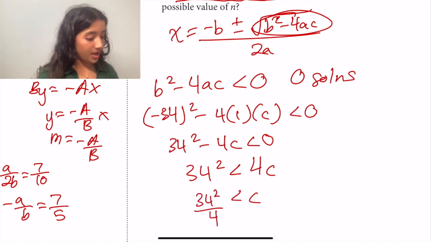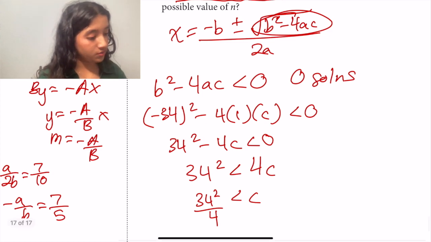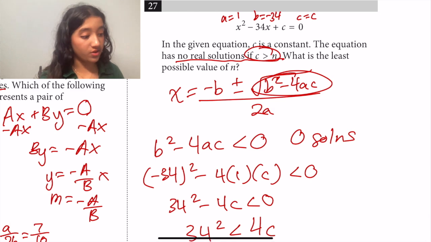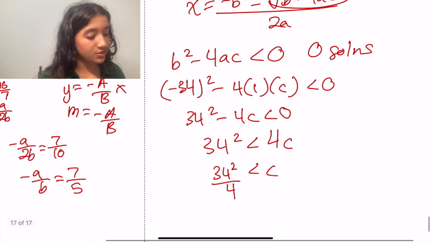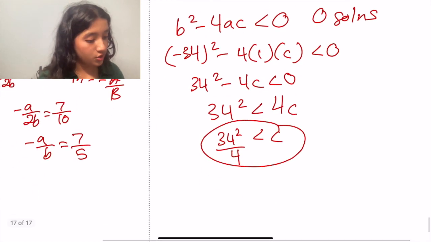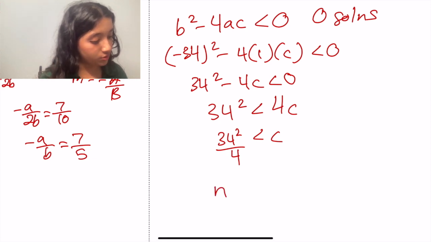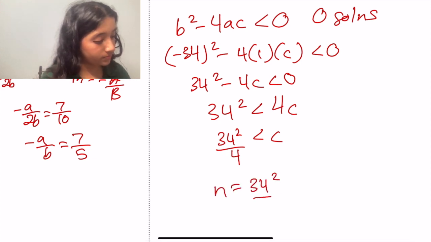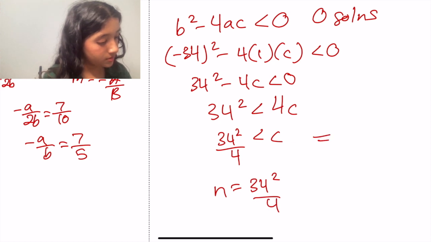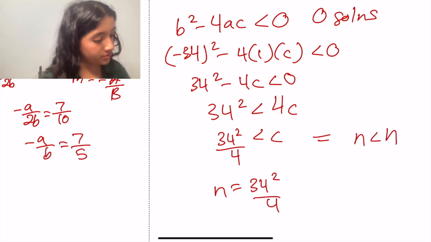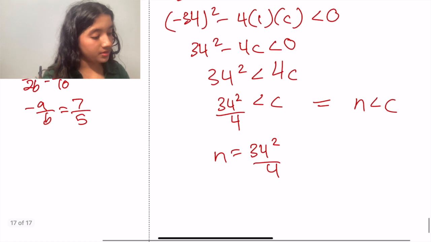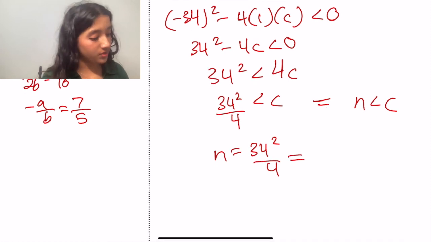We note that this matches the part of the question where it says if c is greater than n, and we have c is greater than a number right here. So we know that n is just equal to 34 squared over 4. And if you put that into your calculator, you get that n is equal to 289, which is your final answer.